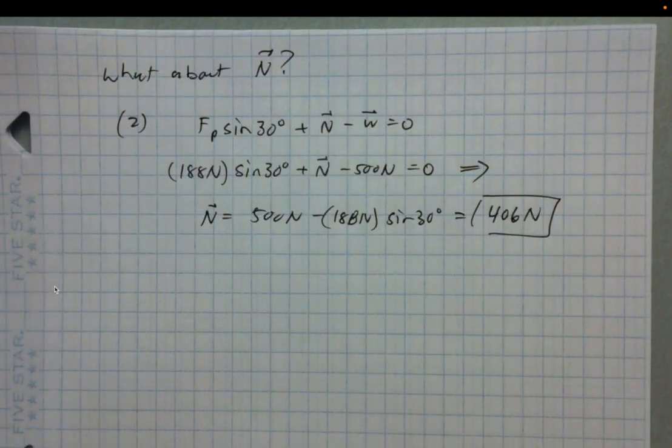Right, so the normal force is offset slightly. By pulling up slightly on the rope, we reduce the magnitude of the normal force. And in reducing the normal force, we reduce the friction, and that's really what allows us to pull with less force and keep the thing moving. Okay, very good.